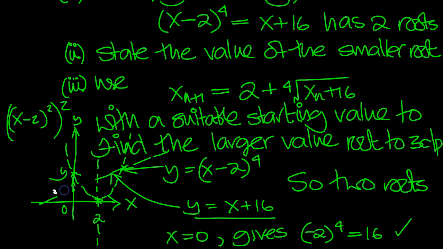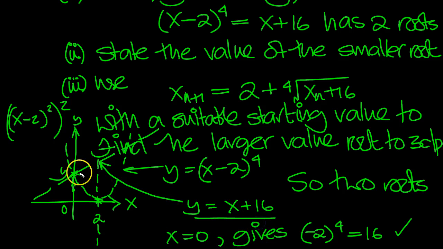It's probably more accurately drawn now, so thankfully we found that value, and we can put in the proper sketch. Here's the 16, and that's a much better sketch because we found there was a root here when x is 0. The curve's been adjusted in light of finding the first root at 0.